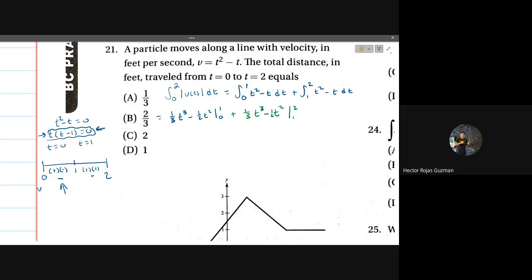All right, so this is going to be 1/3 minus 1/2 minus 0. And over here, when I plug in the 2, we're going to get 8/3 minus 1/2 times 4. And then plug in the 1, so we get 1/3 minus 1/2.